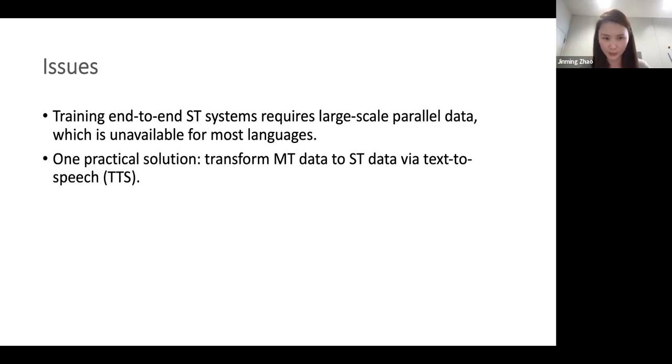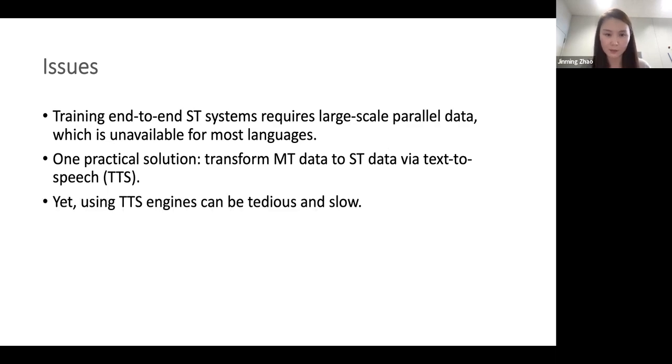A practical solution to solve the data scarcity issue is to convert text-based machine translation data to speech translation data by TTS systems. However, using TTS systems can be tedious and slow.